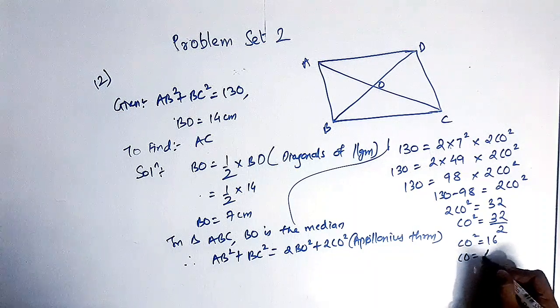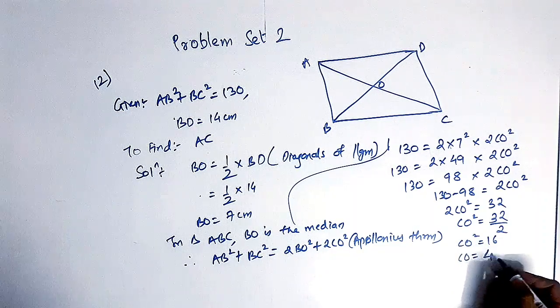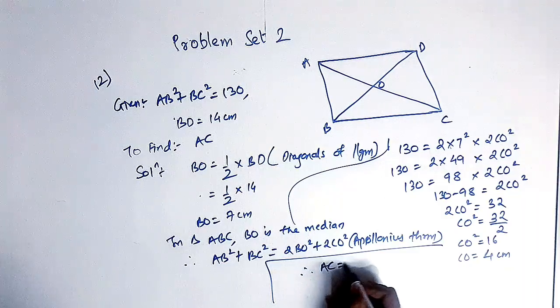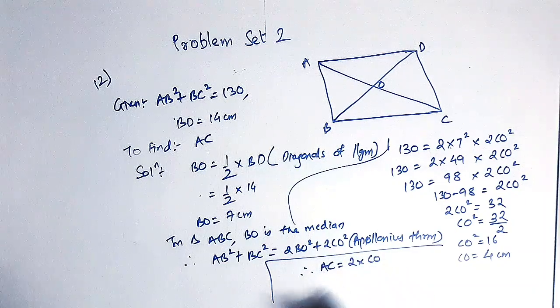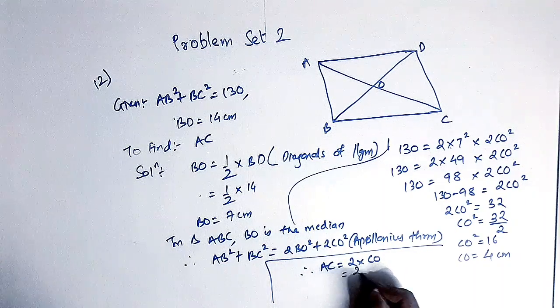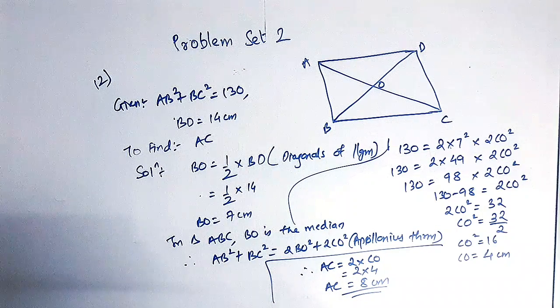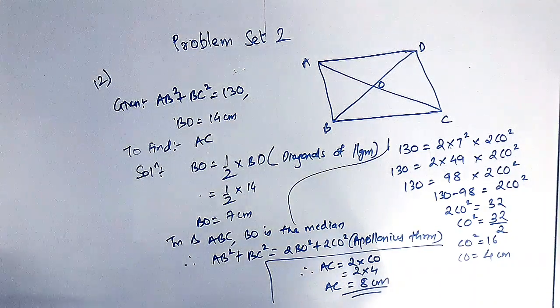So CO will be 4, correct? CO is 4 centimeter, but we are not interested in CO. What is AC? AC is twice of CO, so it is 2 into 4. AC is 8 centimeter. Okay, so we got the value of AC. The other diagonal is 8 centimeter.